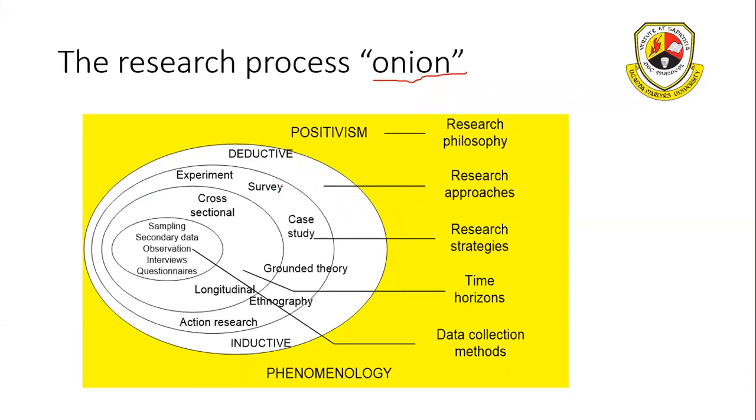From the second layer, research strategies, we actually begin to do. But all the outer layer is mostly thinking, where you see your problem and ask, how do I begin to approach it? The problem is what we refer to as the phenomena.